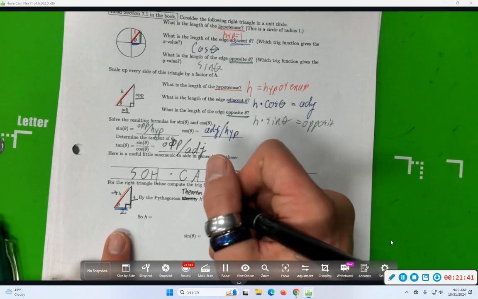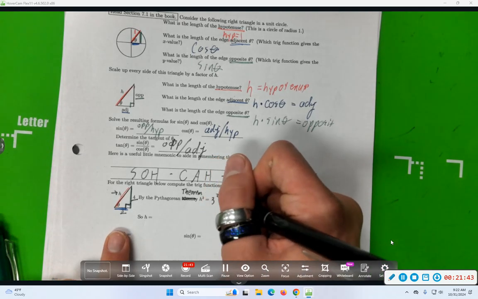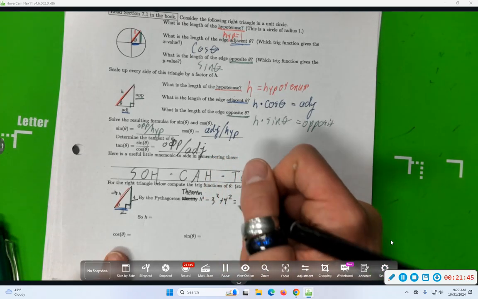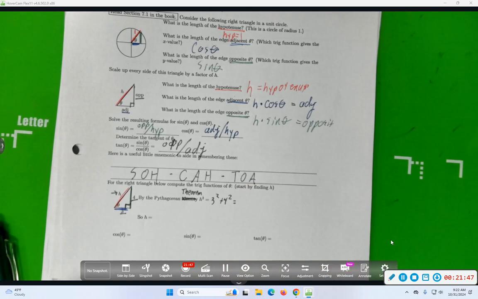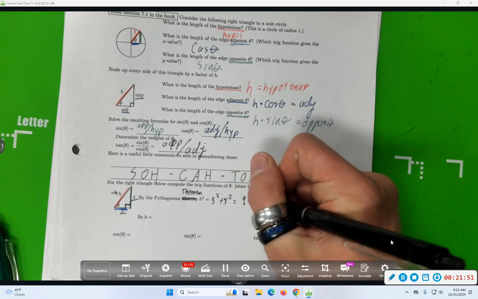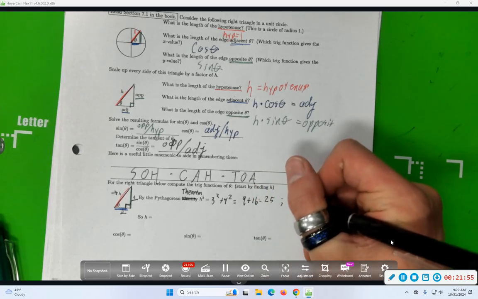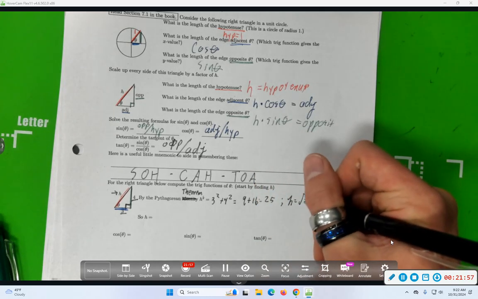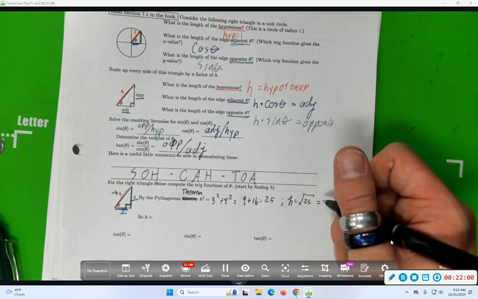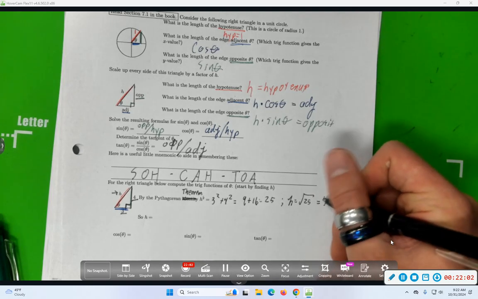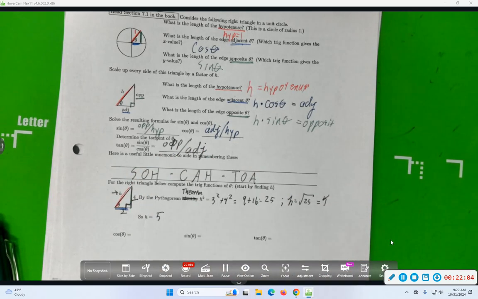So hypotenuse squared is equal to 3 squared plus 4 squared. Now we can just walk that out. 3 squared is 9, 4 squared is 16, those add up to 25. So h must be the square root of 25. What's the square root of 25? So the hypotenuse has length 5.